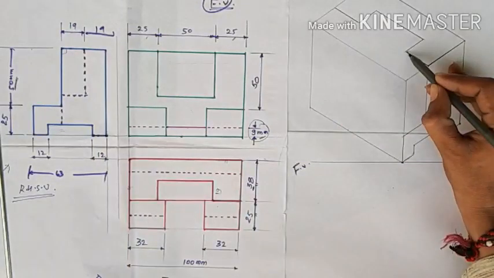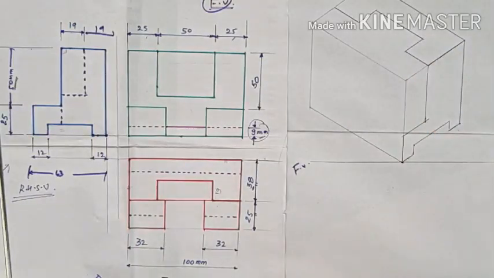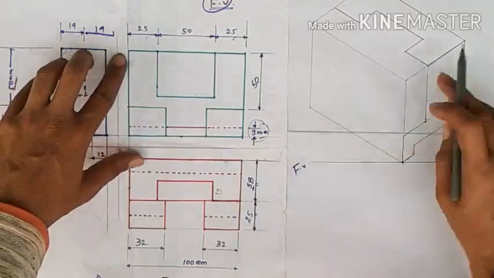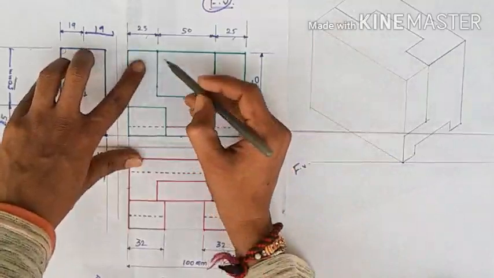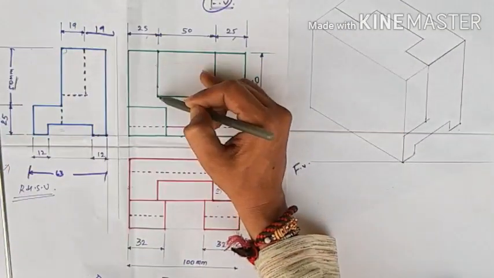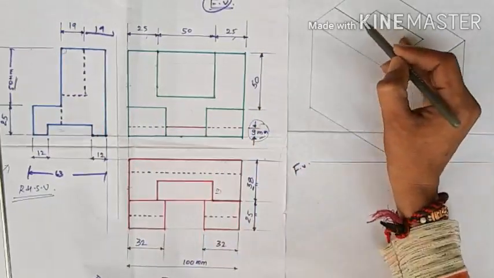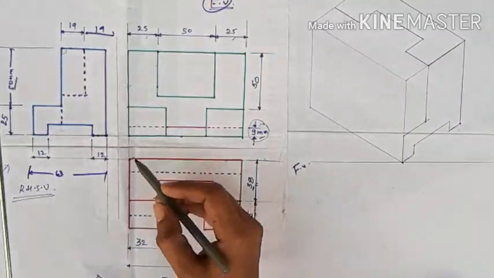Now again we complete the front view according to this line. So from the front view, what we see from the top, that means here 25, again we have drawn 25 mm. Now we need to move this line 50 mm below and parallel to the height. So this was the height. Now what about this length?